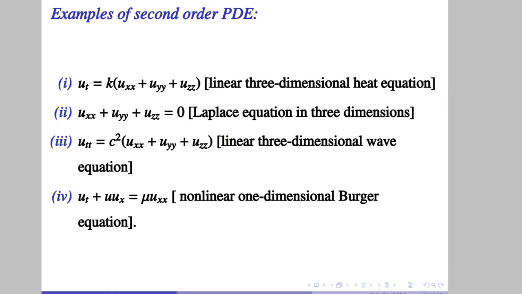So the first three are linear equations. The fourth one is non-linear. In general it is called non-linear, but this comes under semi-linear or Gaussian type.